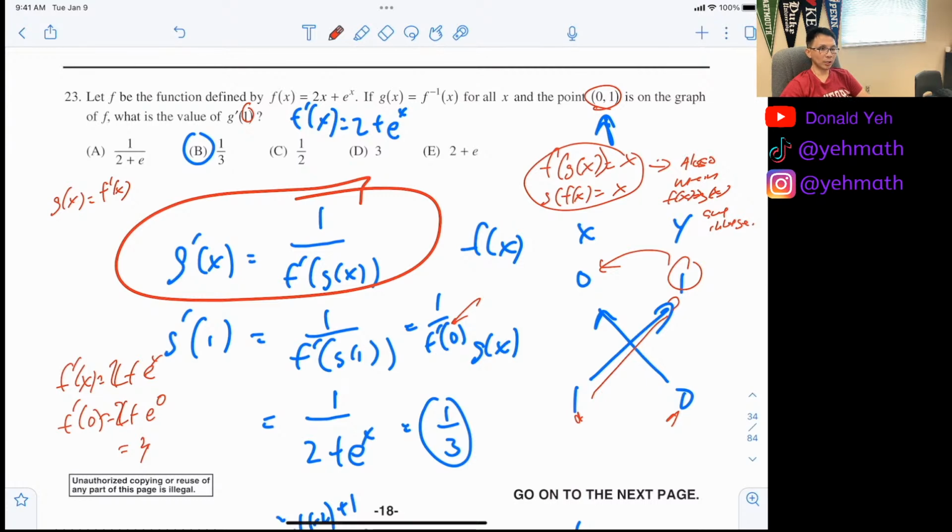So they are asking for g of 1. g of 1 has to be equal to 0 because the g of x graph is the inverse, so x and y switch. All the coordinates for the x and y will be switched. Okay, so if f of 0 equals 1, g of 1 equals 0.